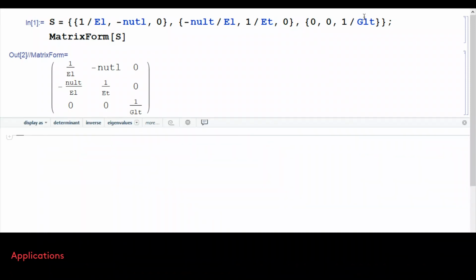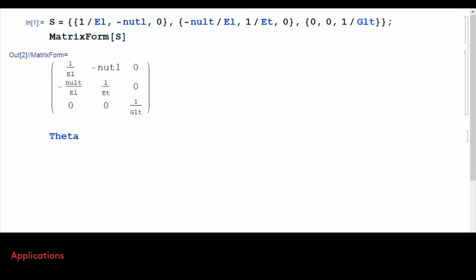Now let me write the transformation matrix. So remember that my fibers are making 20 degrees with the loading axis. I will convert it into radians, so it is 20 divided by 360 multiplied by 2 pi.